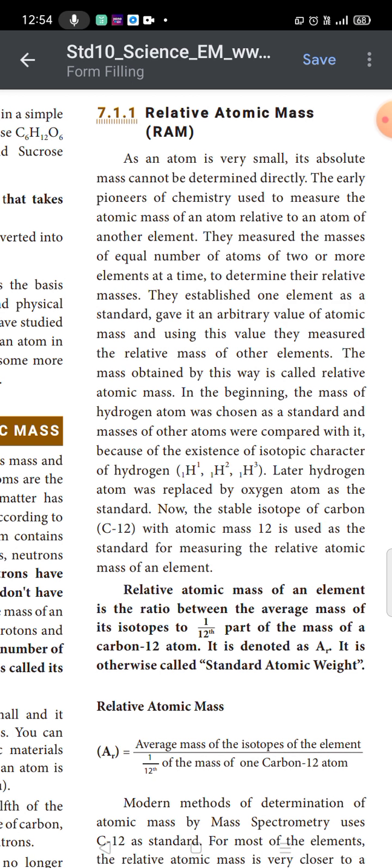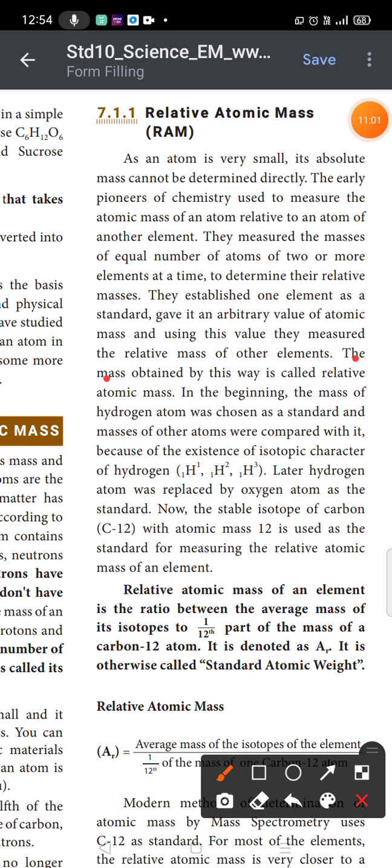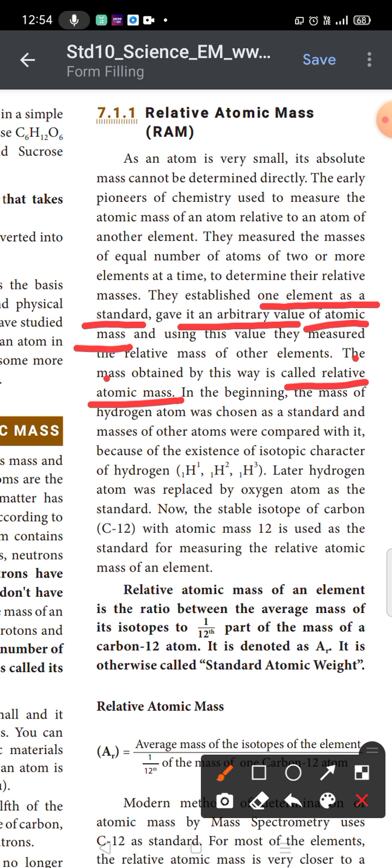They established one element as a standard, gave it an arbitrary value of atomic mass, and using this value they measured the relative mass of other elements.